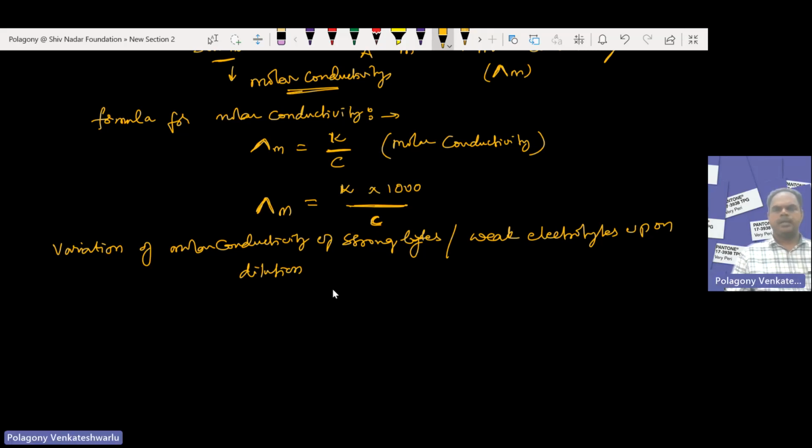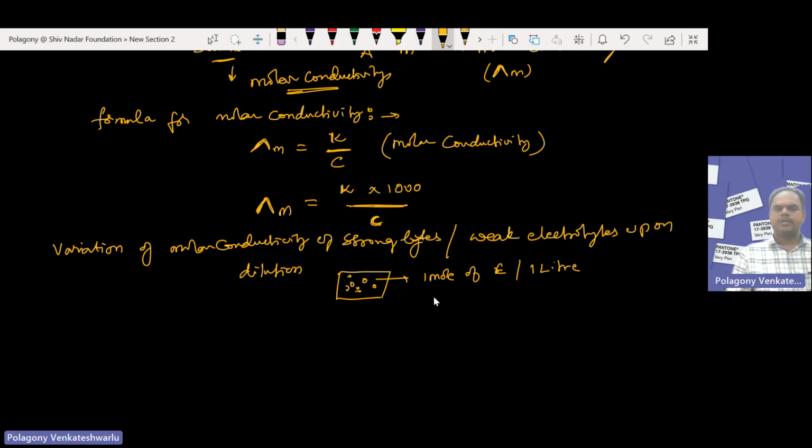So first of all, let me explain how the molar conductivity changes with a strong electrolyte. If you take 1 volume of solution of strong electrolyte, the number of ions present is 1 mole of electrolyte per 1 liter volume. So the number of ions is fixed.